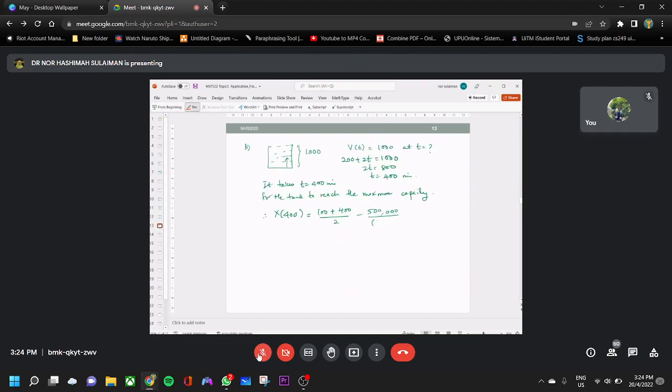We do 100 plus 400, kuasa 2. Betul. Okay, cuba kirakan berapa. Dua, empat, lapan. 248. The tank must be very big lah, dia ada 248 setelah 400 minit.